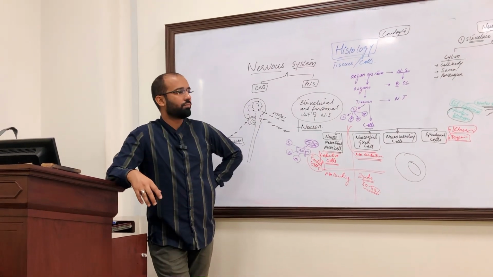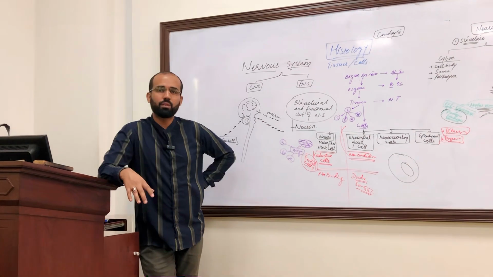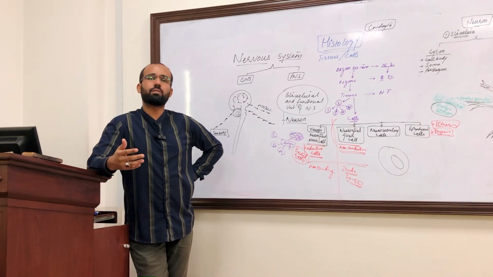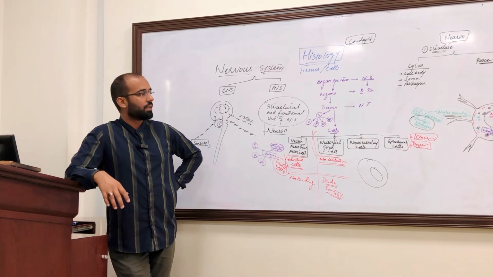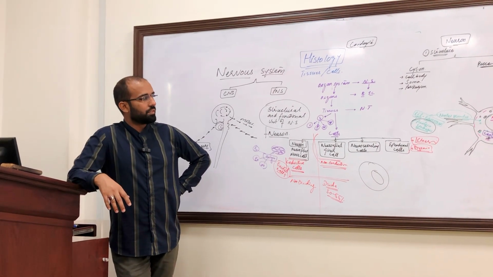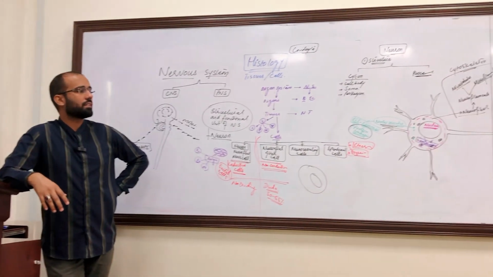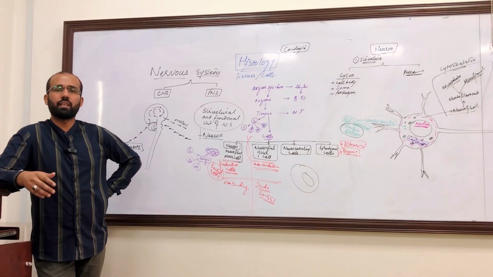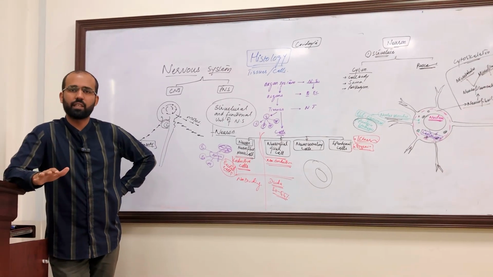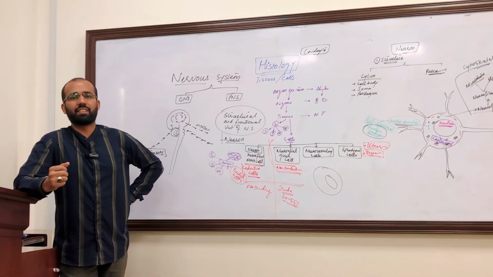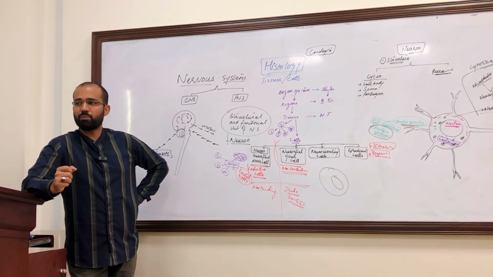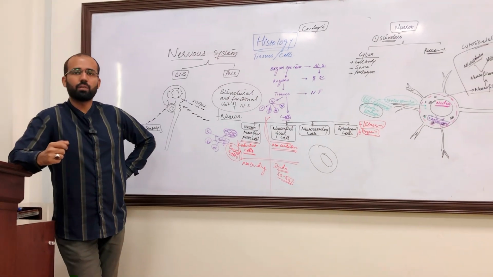So once you are born with billions of neurons, neurons can never reproduce. If some of the neurons die, they do not reproduce, but they can regenerate. There is a difference between reproduce and regenerate.